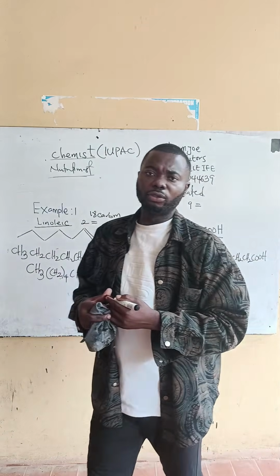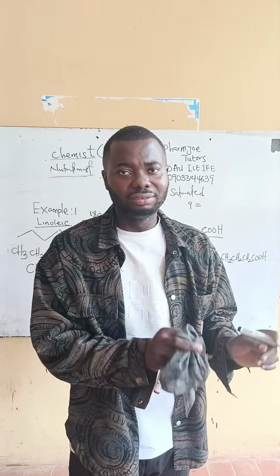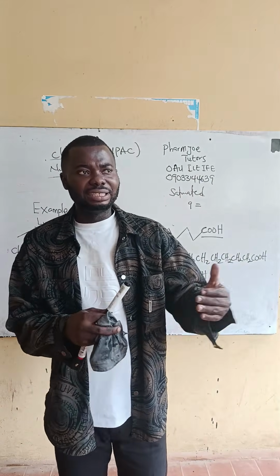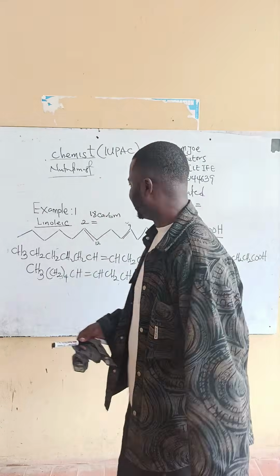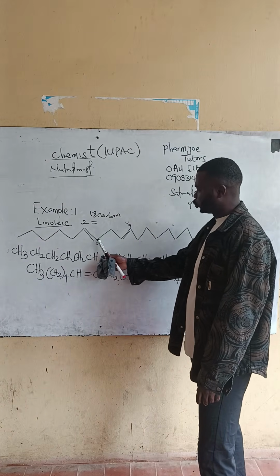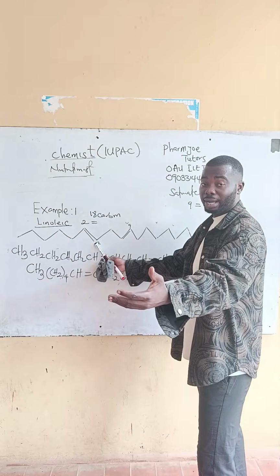Another piece of information about most natural fatty acids is that their double bonds are always 3 carbons away from each other. For example, this one was in position number 9, then 9, 10, 11, 12, the next double bond was in position number 12.